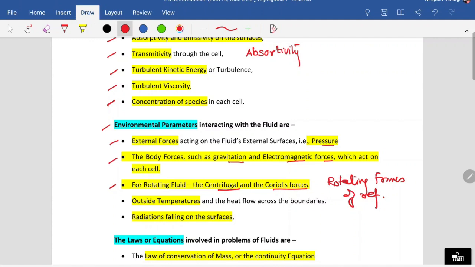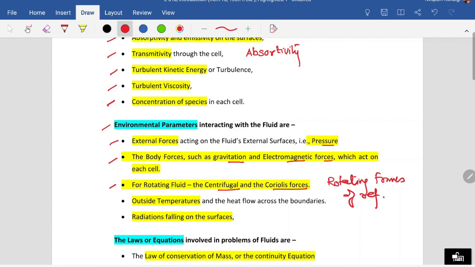But sometimes when you are dealing with rotatory machines, a rotating frame system is more adequate to solve that problem. The moment you go for a rotating frame of reference, it becomes a non-inertial frame.